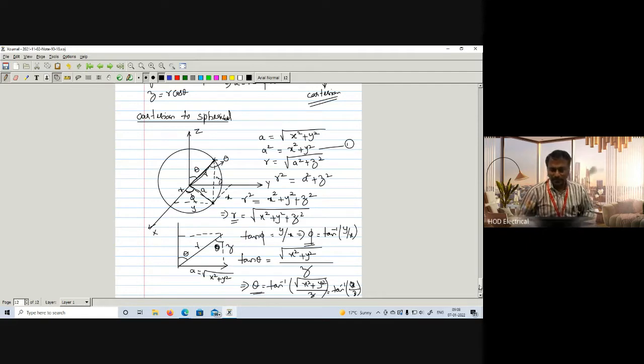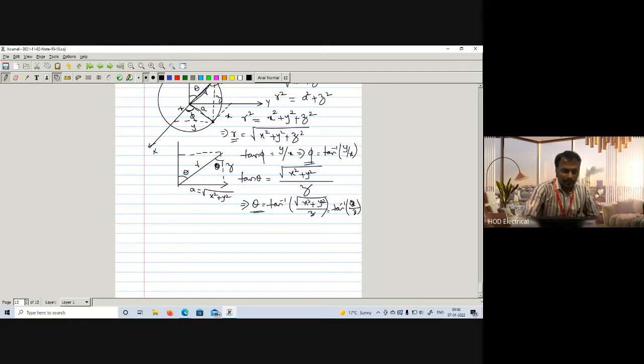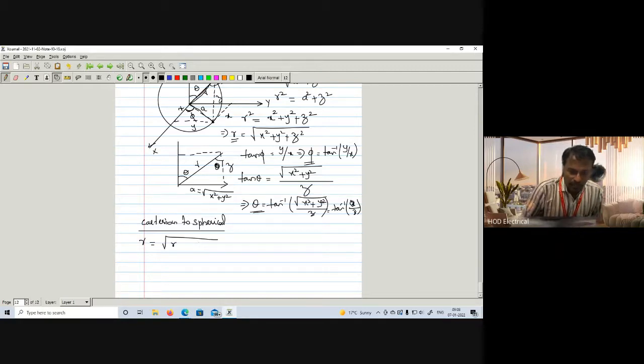So let me summarize once again all the values. If you want to convert Cartesian to spherical coordinates, how we will convert the entire vector, I will let you know in the next class. For Cartesian to spherical coordinates, we have r equal to square root of x square plus y square plus z square.